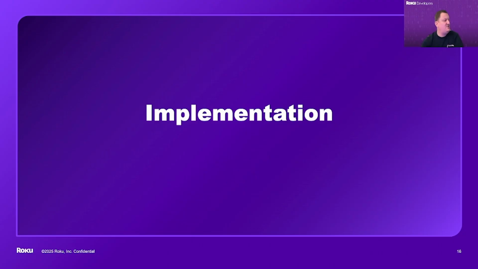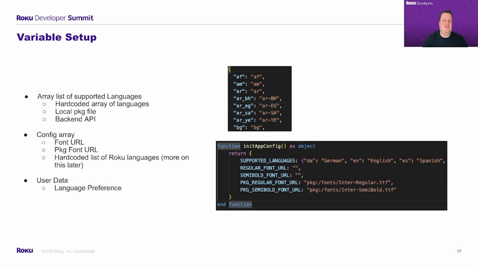All right, so getting to the implementation of this, it's somewhat straightforward if you've planned this out correctly. You want to make sure that your API is configured correctly, and that you're getting lists and variables set up correctly. The first thing that we need here is a hard-coded array list of supported languages. Sorry, maybe not hard-coded in the sense that it's in the package.